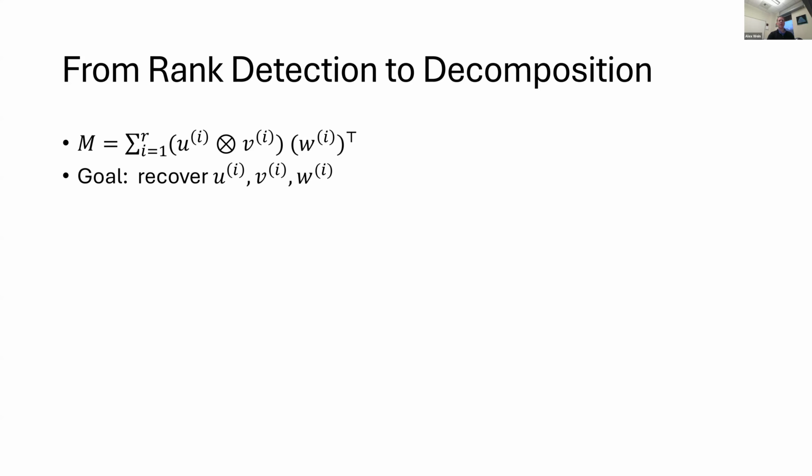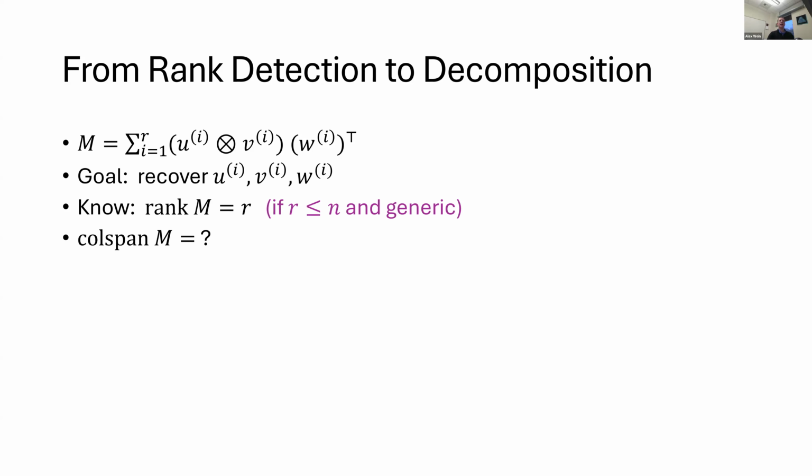And the goal is to recover those vectors. From the previous result, we know that this thing is going to have rank R. And the idea is to look at the column span of this thing. What is in the column span? Well, it's going to be the span of the individual columns that appear in those rank 1 terms.